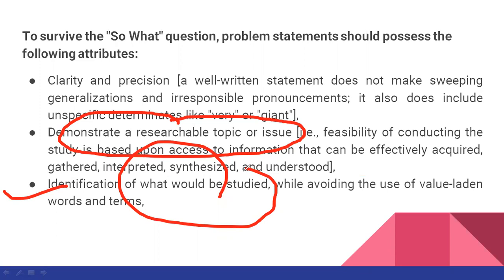In social science, you know the problems, I mean the areas, by area I mean some specific area where this problem lies. You should not make it broad. Be specific here.